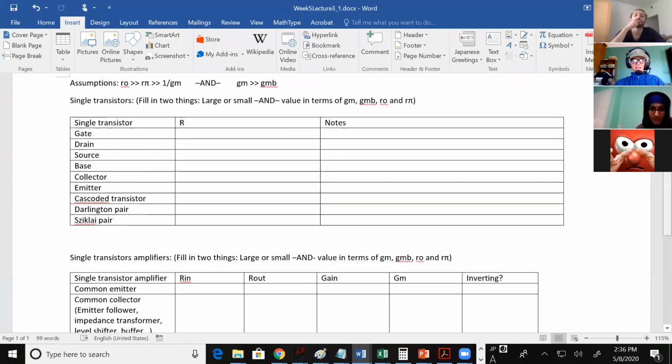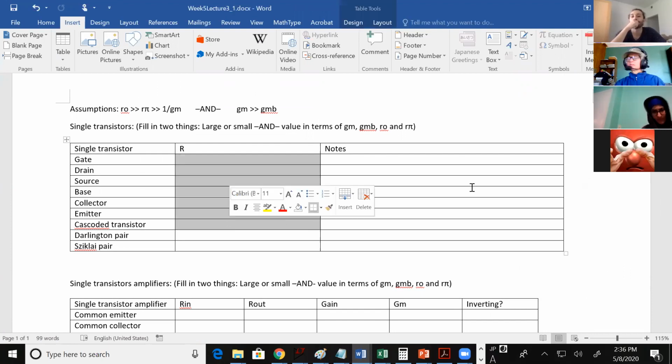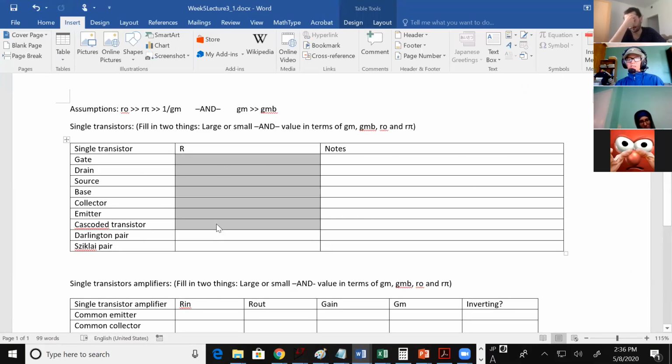But for today, I'd like to fill in a bunch of this table. Today, down to like right here, those 1, 2, 3, 4, 5, 6, 7 entries. And we did 2 last time. Which 2 did we do last time?